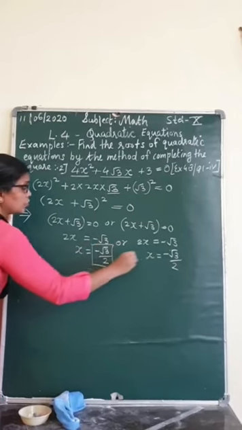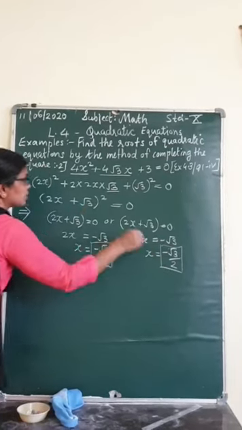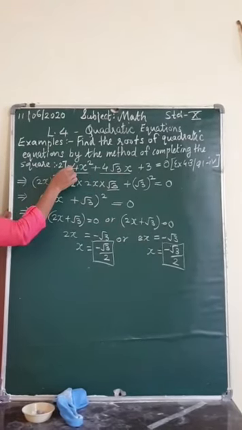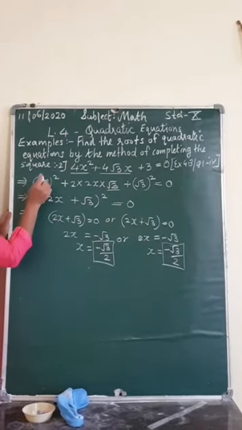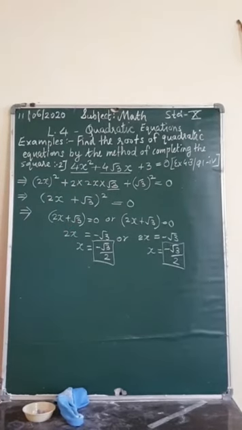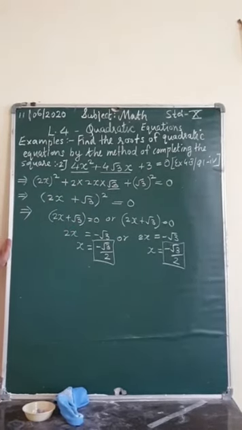So these are the roots of this equation. We can solve this way when the coefficient of x square is a perfect square number, and we can solve this as well by the completing the square method.